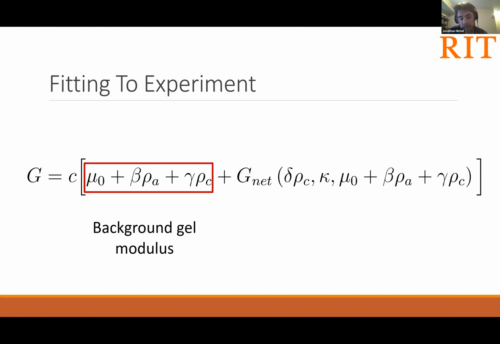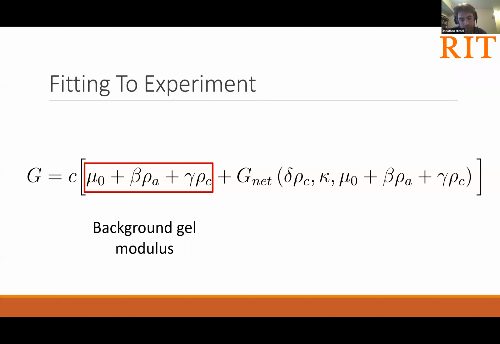And I guess we picked the simplest model we could write down just to get going, but it makes predictions that are in good accord with published values for the shear modulus of this hydrogel.